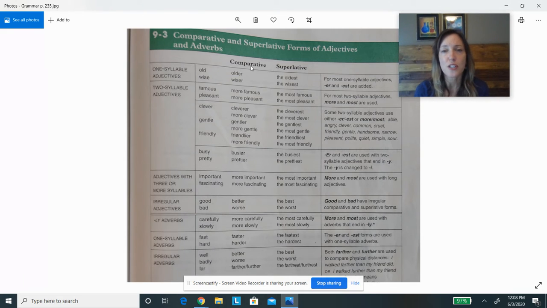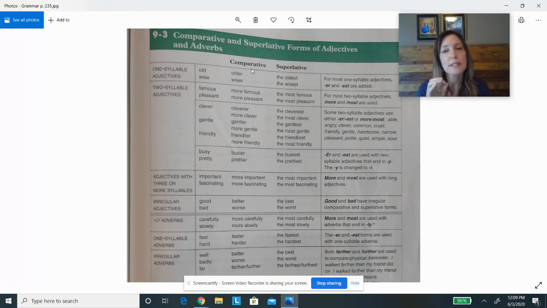I had an introduction to comparative in the last lesson, and basically, remember, we're comparing two things, two people, or two groups using adjectives and adverbs. So how you make a comparative, this is what you do to change it from the original form to the comparative form. And you do that by recognizing the number of syllables in the adjective or adverb and a couple of other things.